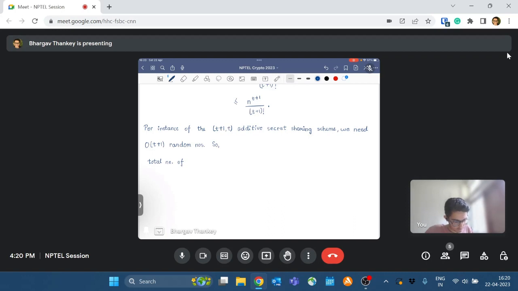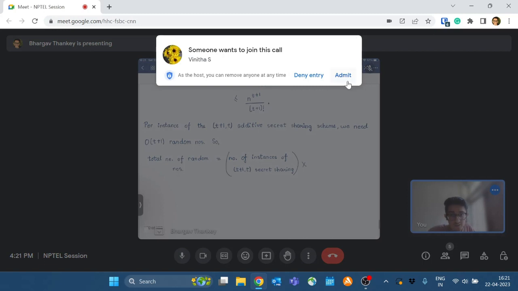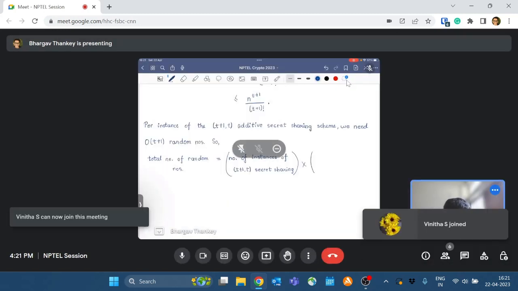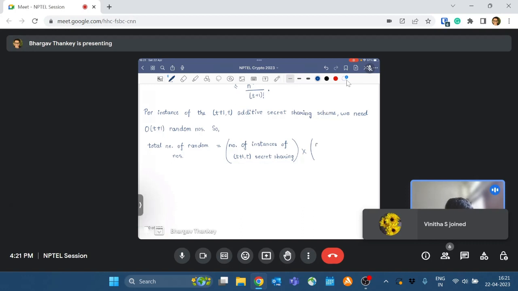So the total number of random numbers is equal to the number of instances of (t+1, t) secret sharing times the random numbers per instance.